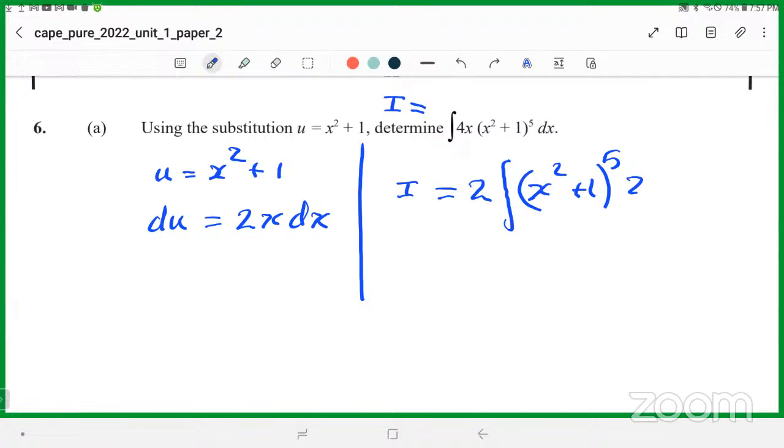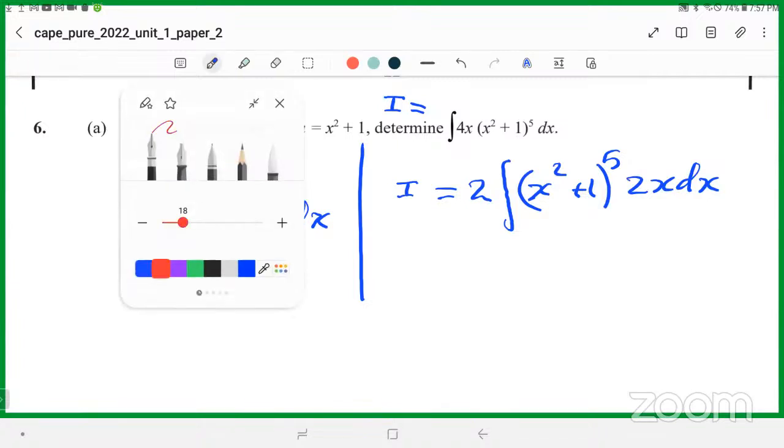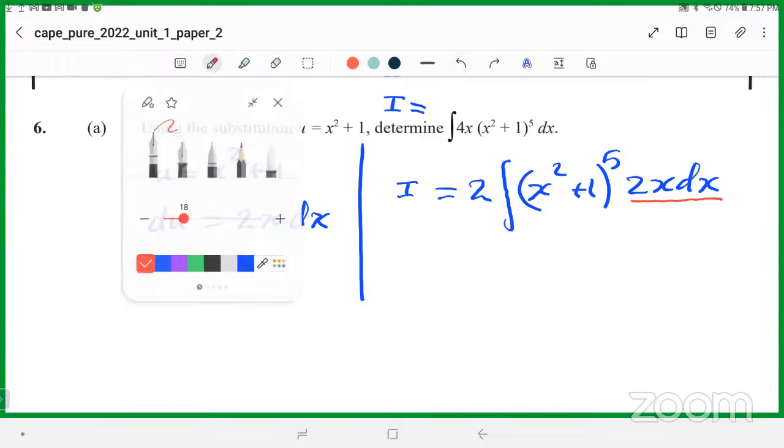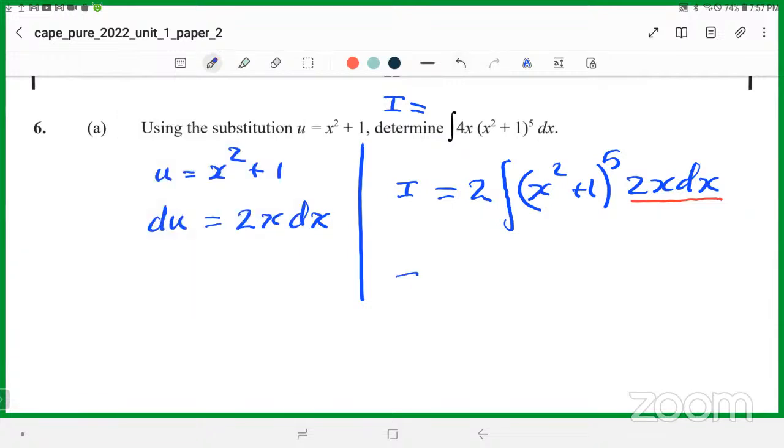So I'm going to have 2x dx here. Understand that? Because I was trying to get this thing that I have here. Now I can make my substitutions. My integral then becomes 2 times the integral. This expression in here is u, so I now have u to the 5th power. This 2x dx is du, so I now have du.